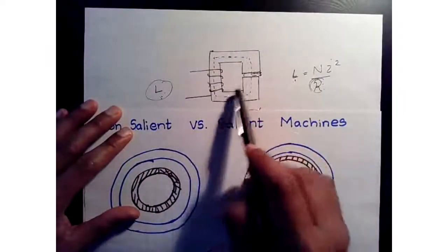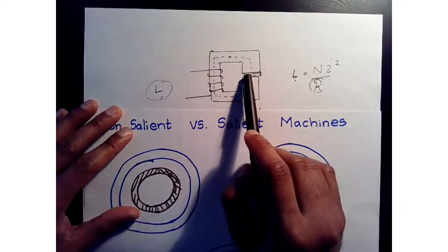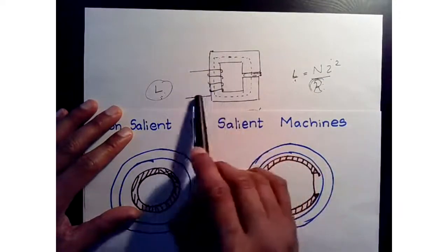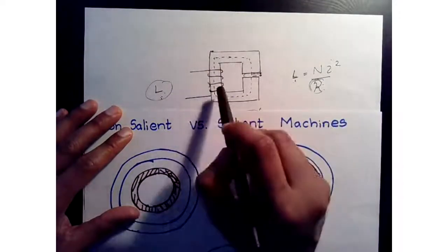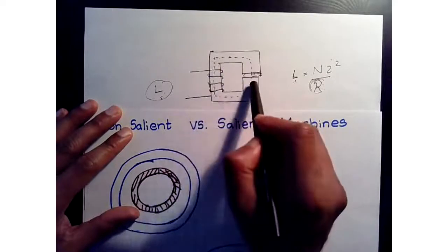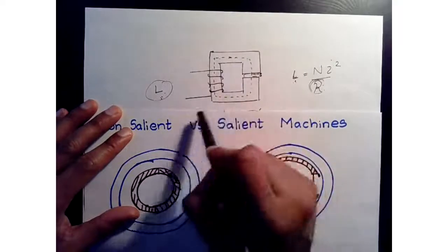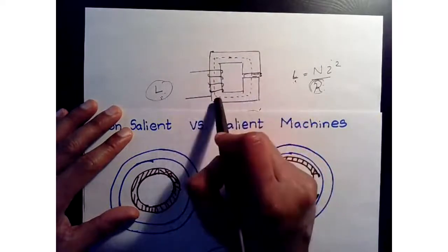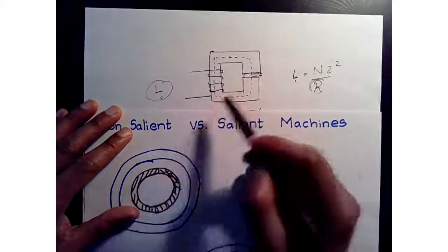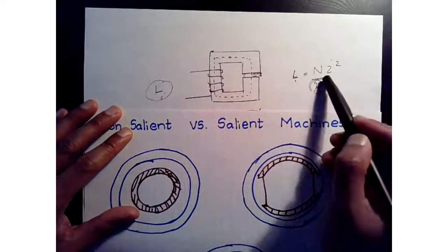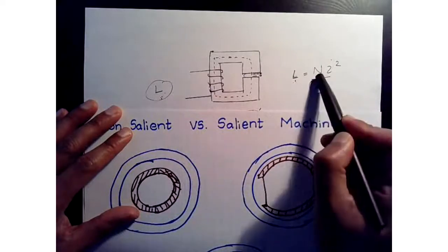This is a simple transformer with an air gap, and you have a coil wound around it. And when we studied it with Ampere's law, we took this closed loop around this transformer core or the inductor core, and then we came up with inductance as a function of reluctance.